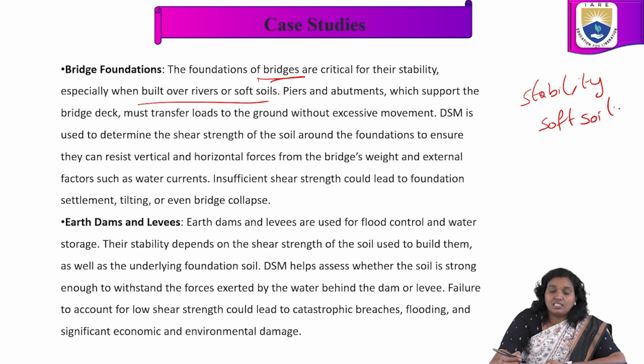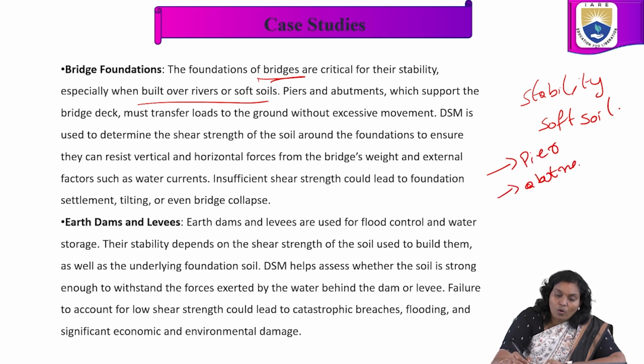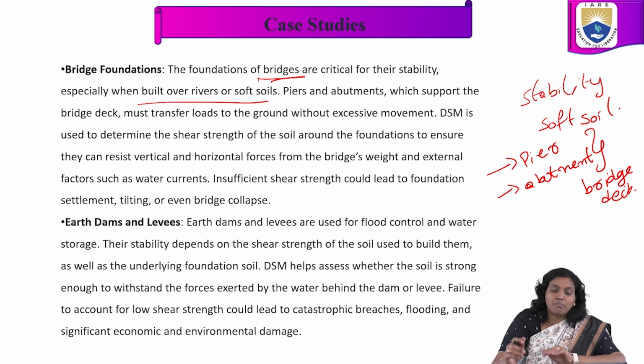Different types of structures are there: piers and embankments. They support the bridge deck and must transfer the loads to the ground without excessive movement.